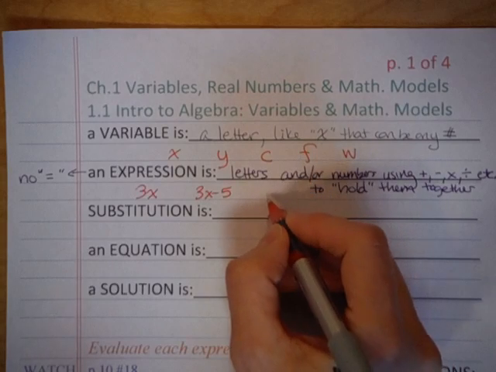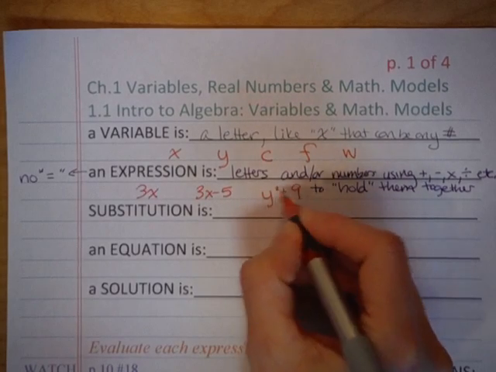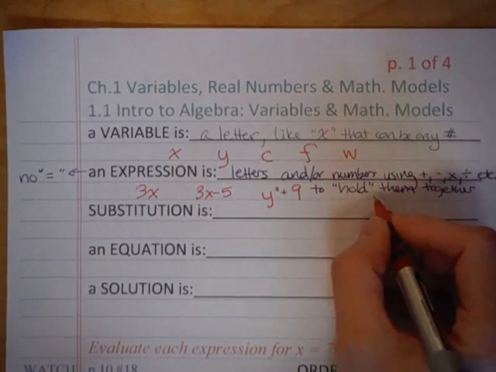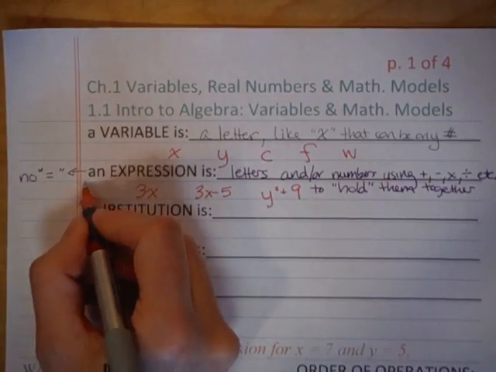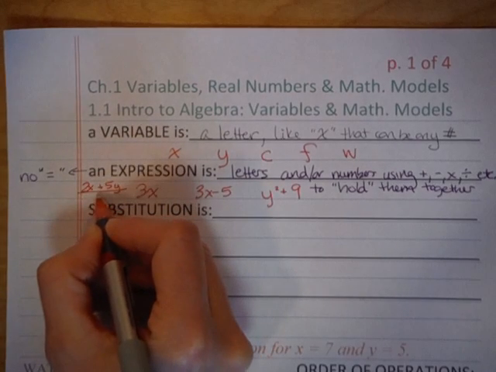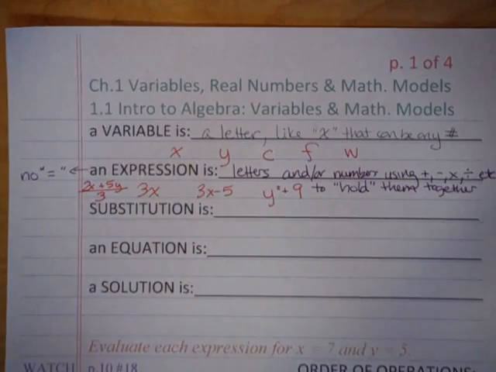Y squared plus 9. We're taking y times itself and then adding 9. Maybe even a more sophisticated one, 2x plus 5y, the whole thing over 3, which means division. So any of those would be examples of what an expression is.